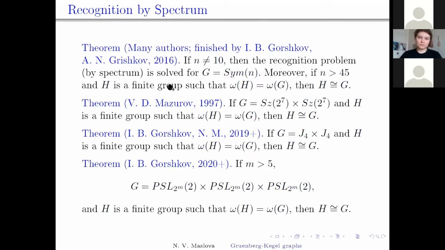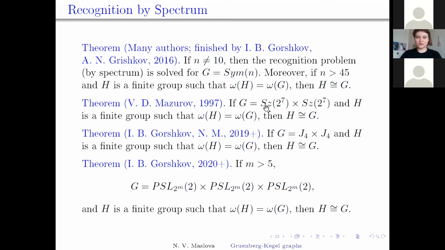For example, many symmetric groups are recognizable by spectrum. This result belongs to many authors, and the final step was made in the paper by Gashkov and Grishkov 5 years ago. And there are examples of groups with non-simple socle which are recognizable by spectrum.